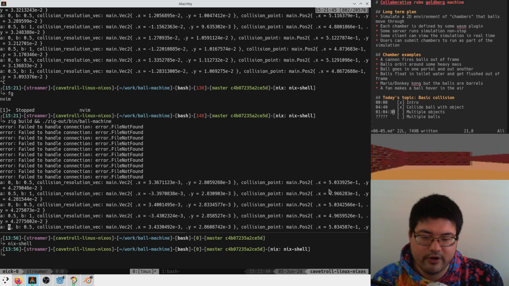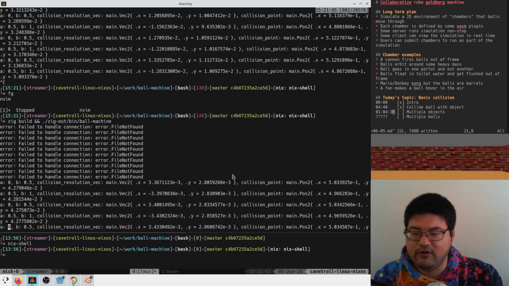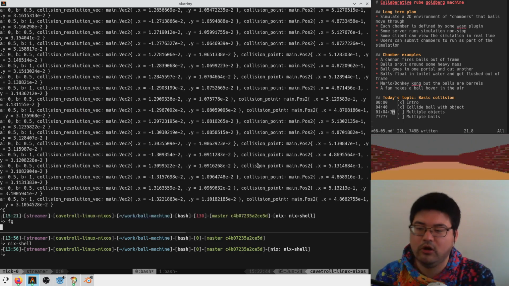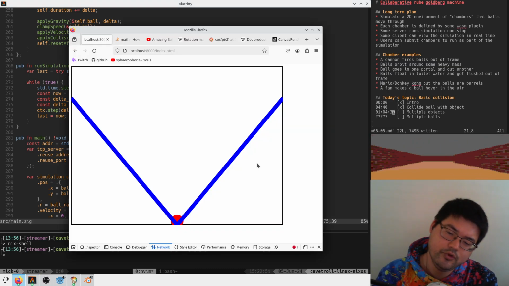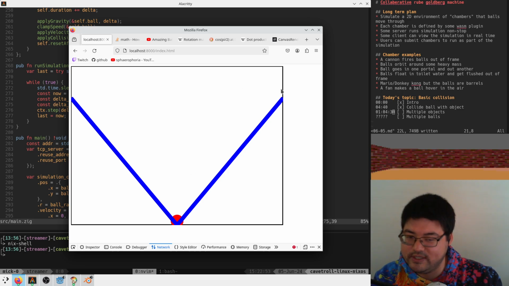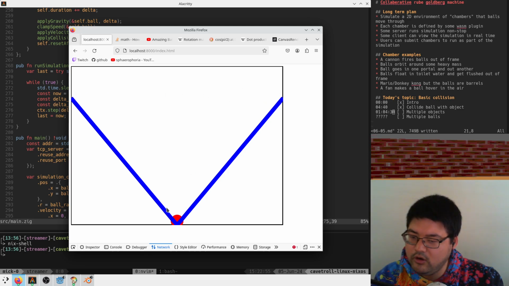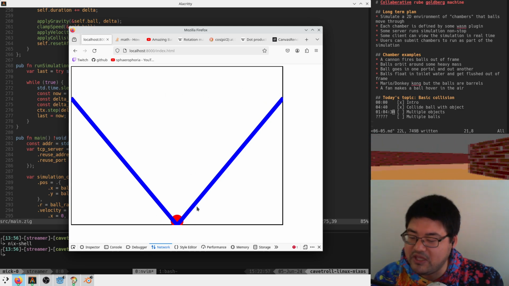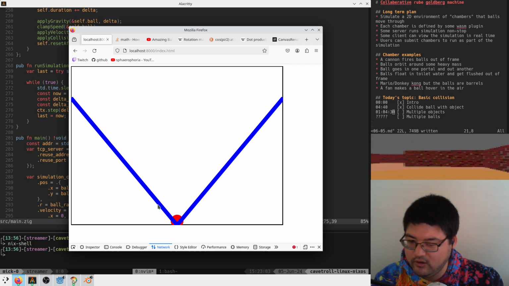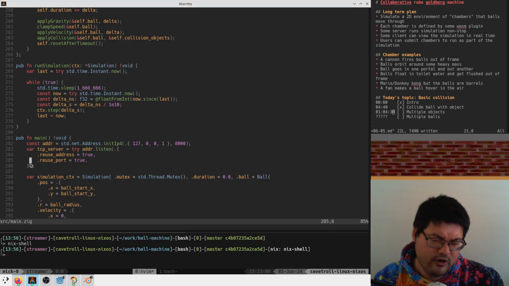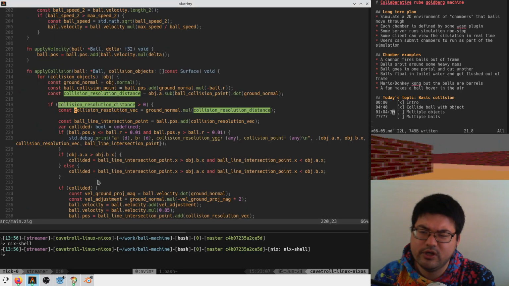So this is what I'm not understanding. It feels like the collision point is wrong. Oh, but I guess it could be... Yeah, there is nowhere in this entire cone where it should ever be out of bounds of this line. I think. Pretty sure. So the collision resolution point must be wrong.